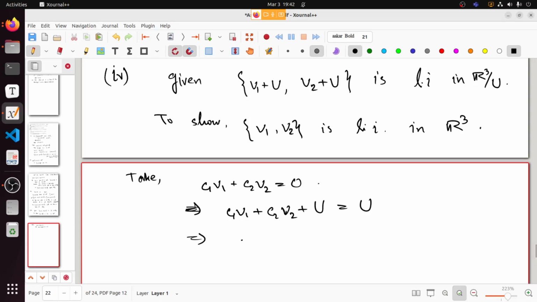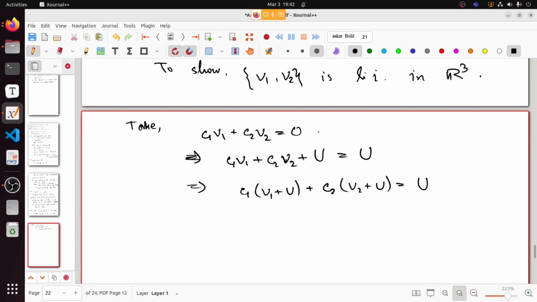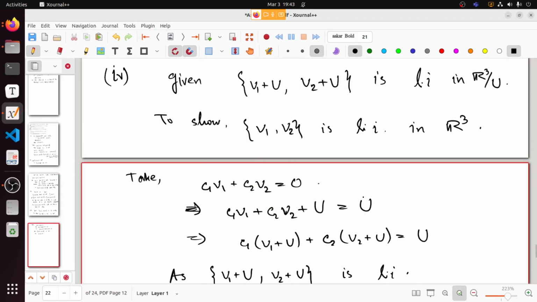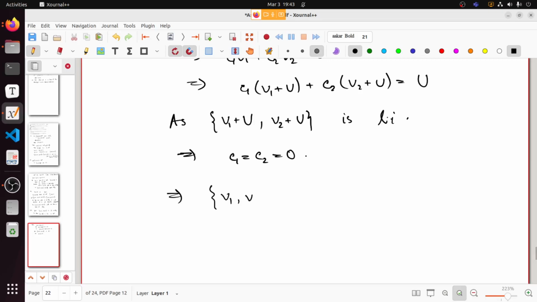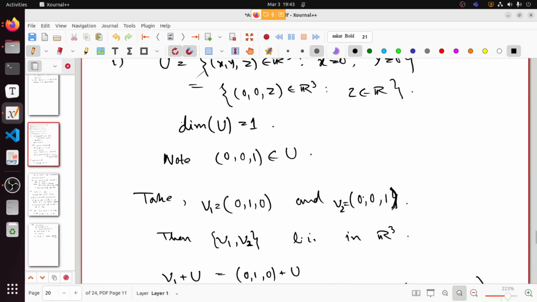So from there you can write C1 (V1 plus U) plus C2 (V2 plus U) is U, and U is the zero element of R3 mod U. As V1 plus U comma V2 plus U is linearly independent, this implies C1, C2 is 0, right? So which says that V1, V2 is linearly independent in R3. So the option number 4 is also correct.